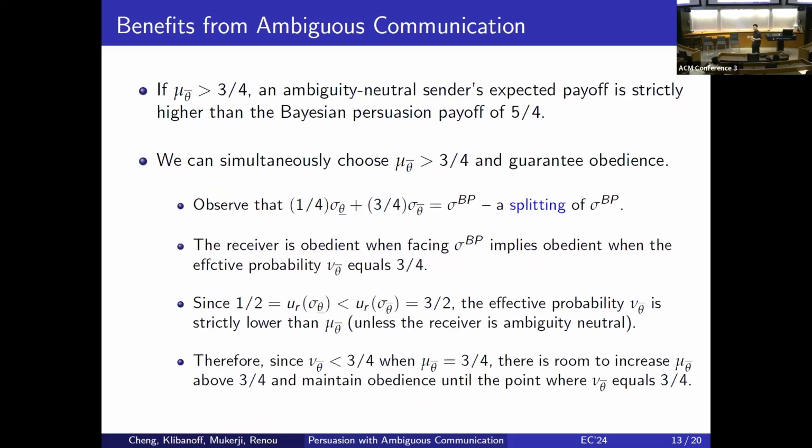In this model, because of ambiguity aversion, the sender can choose a mu strictly greater than 3/4, but at the same time guarantee the receiver's being obedient when they're facing this ambiguous experiment. Especially if the sender is ambiguity neutral, that will give the sender a strictly higher payoff than Bayesian persuasion. So that is the key idea in this example, of how ambiguity aversion might benefit the sender.